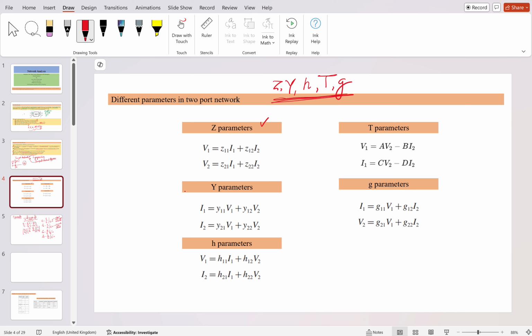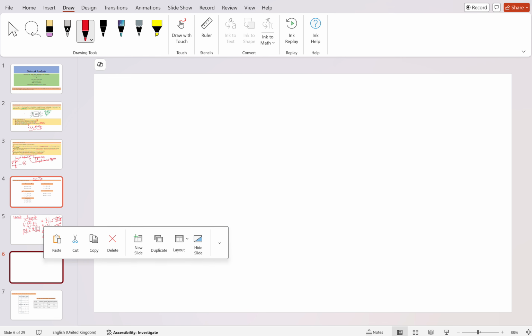Similarly, if you see the Y parameters, I1, I2, Y11, Y12, let's see how to get the Y parameters.